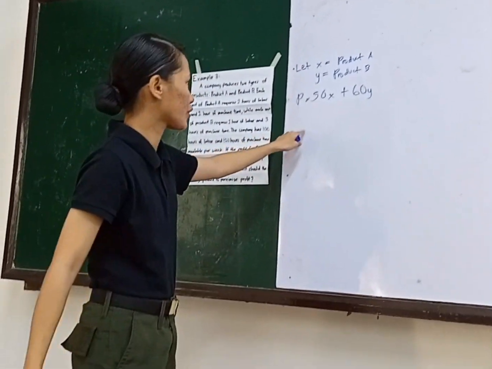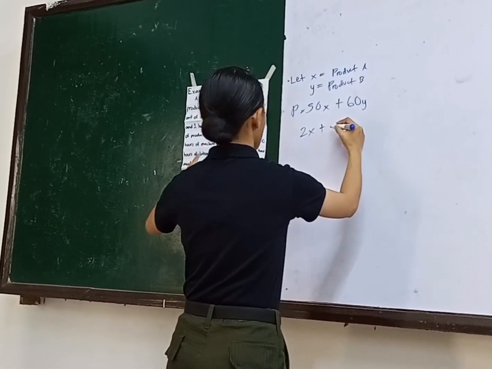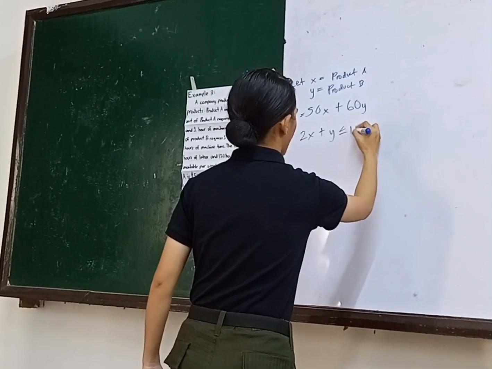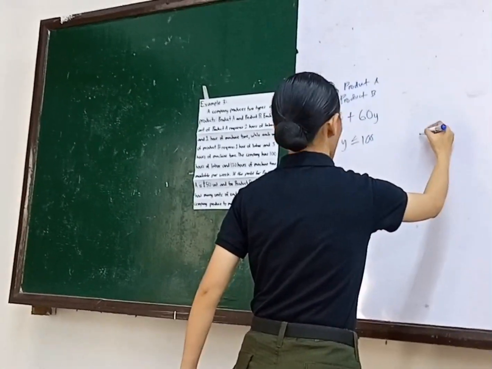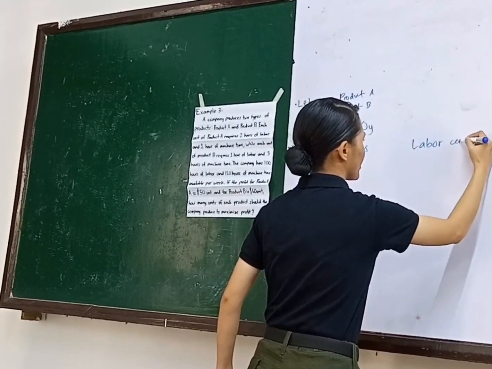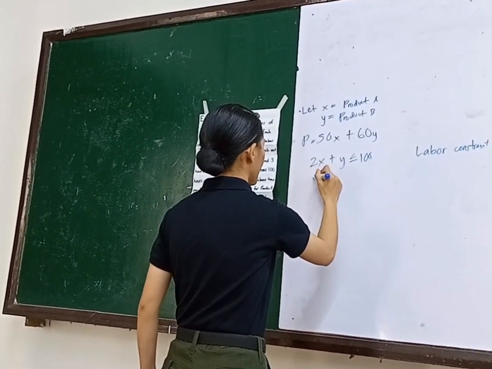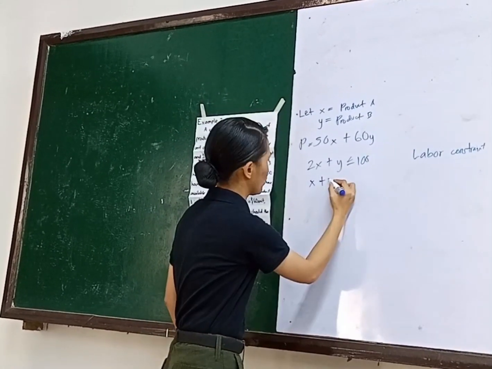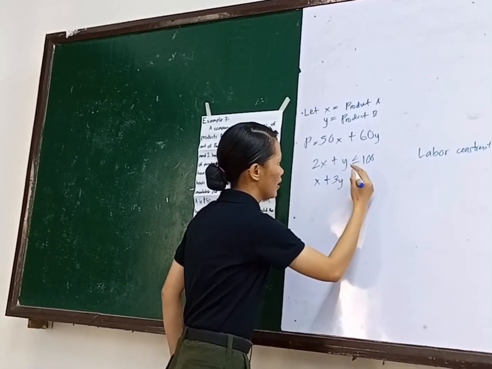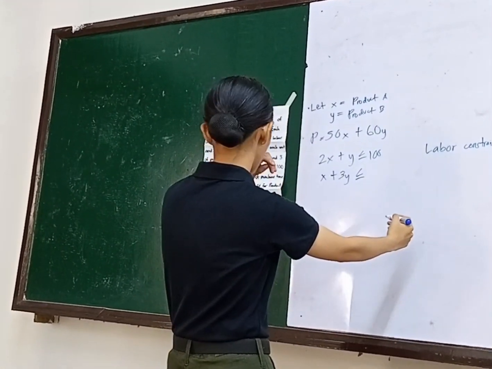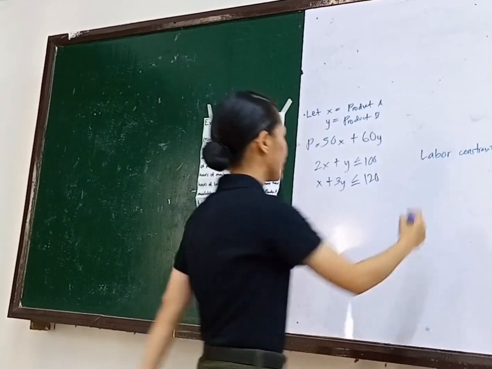And then we constrain 2x plus y less than or equal to 100. This is our labor constraint. And x plus 3y less than or equal to 120. This is our machine time.